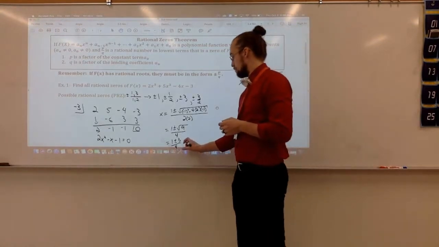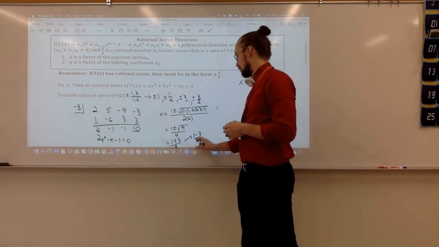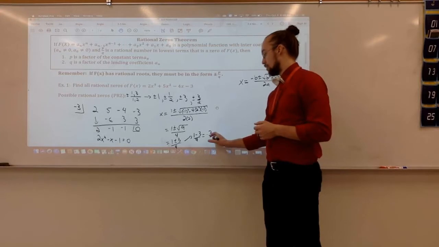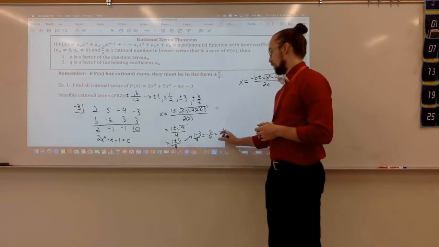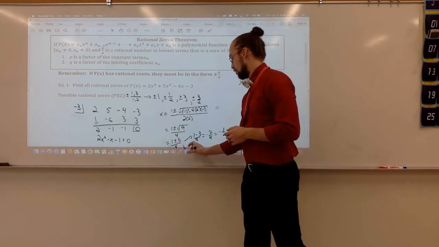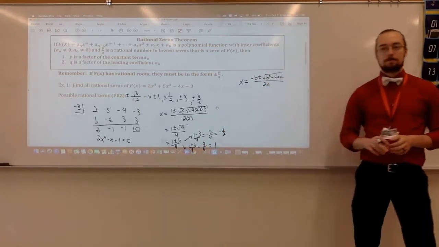We can then do both of those. 1 minus 3 over 4 would be negative 2 over 4, which would be negative 1/2. And also 1 plus 3 over 4, which would be 4 over 4, which would be 1.